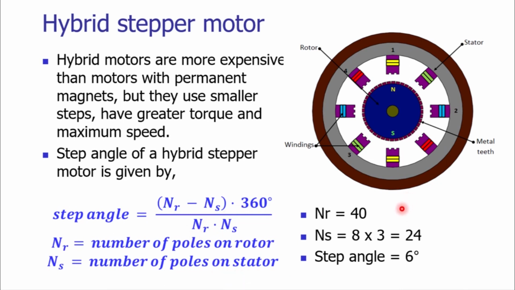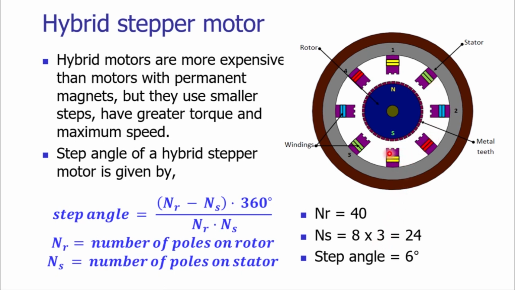So let us take a typical example. On your screen you can see the number of stator poles is 8 and there are 3 teeth provided on each pole. So the number of stator poles is computed as 8, that is the number of stator poles into the number of teeth.